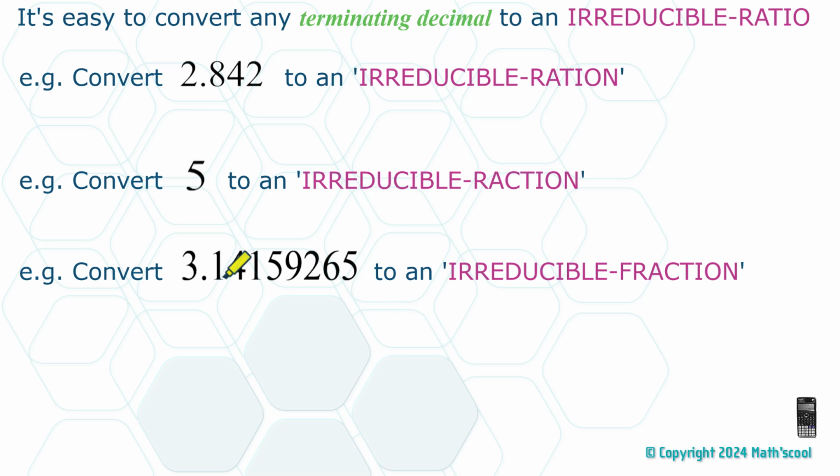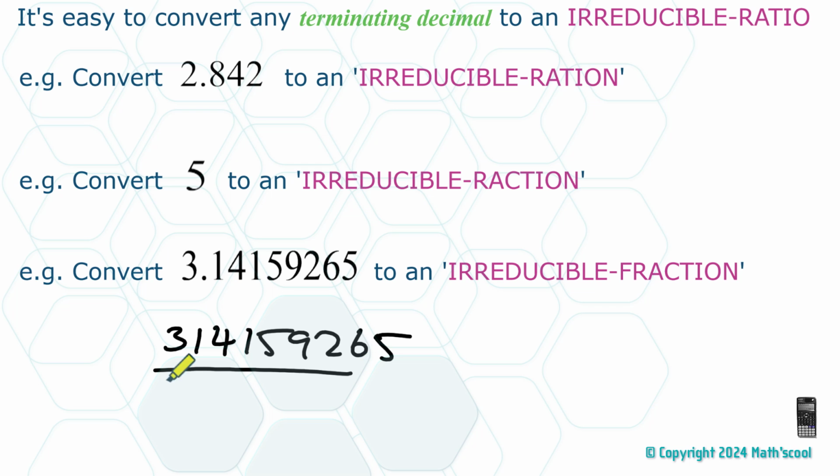So I'm going to move the decimal 1, 2, 3, 4, 5, 6, 7, 8 places. So it's going to be 314159265, divided by, I moved it 8 places, 1, 2, 3, 4, 5, 6, 7, 8. And then 5 goes into the top, so I'm going to divide the top by 5.